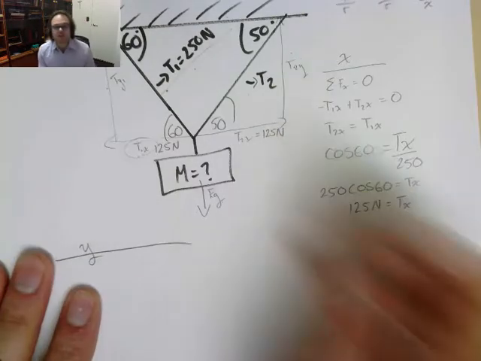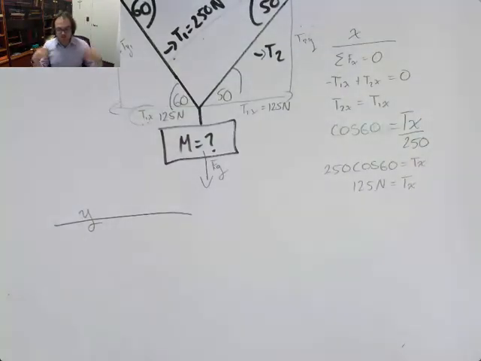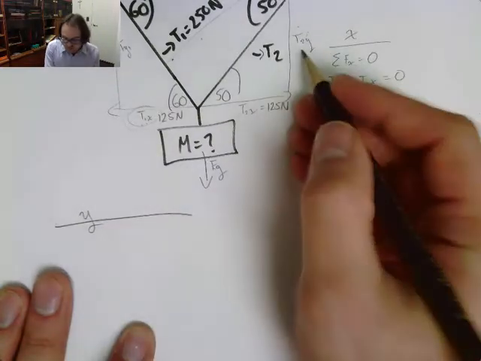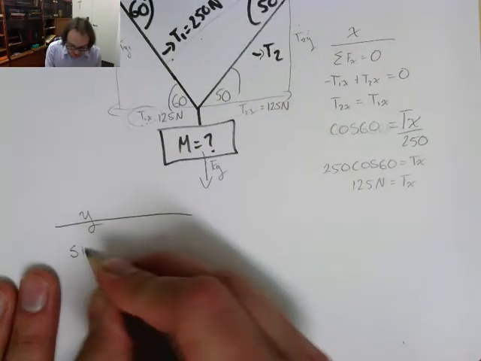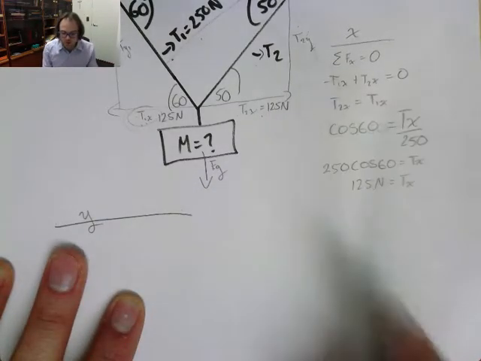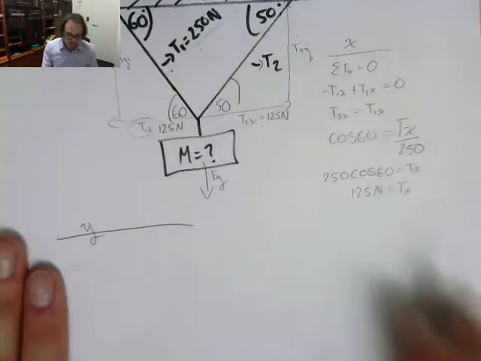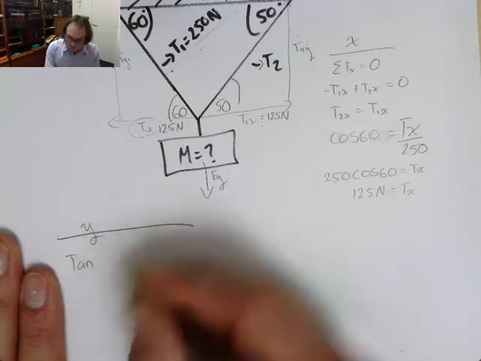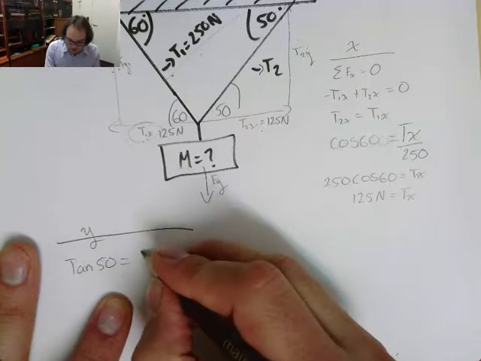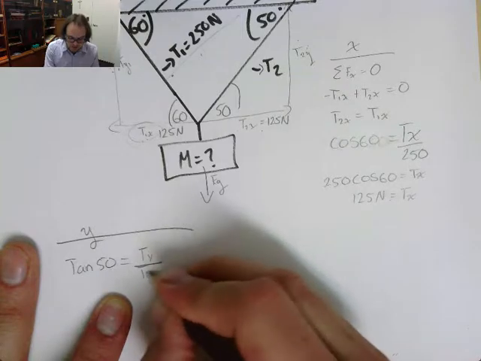So once again, for my y components, we want to figure out both of these y's, and then we're going to add them up. We're going to have to use sine for the y. Oh, in this case, actually, we're going to use tangent because I know my x and I know my y. For SOH CAH TOA, I'm going to use TOA. So I know tan 50 is equal to Ty, my tension in y, divided by my tension in x.